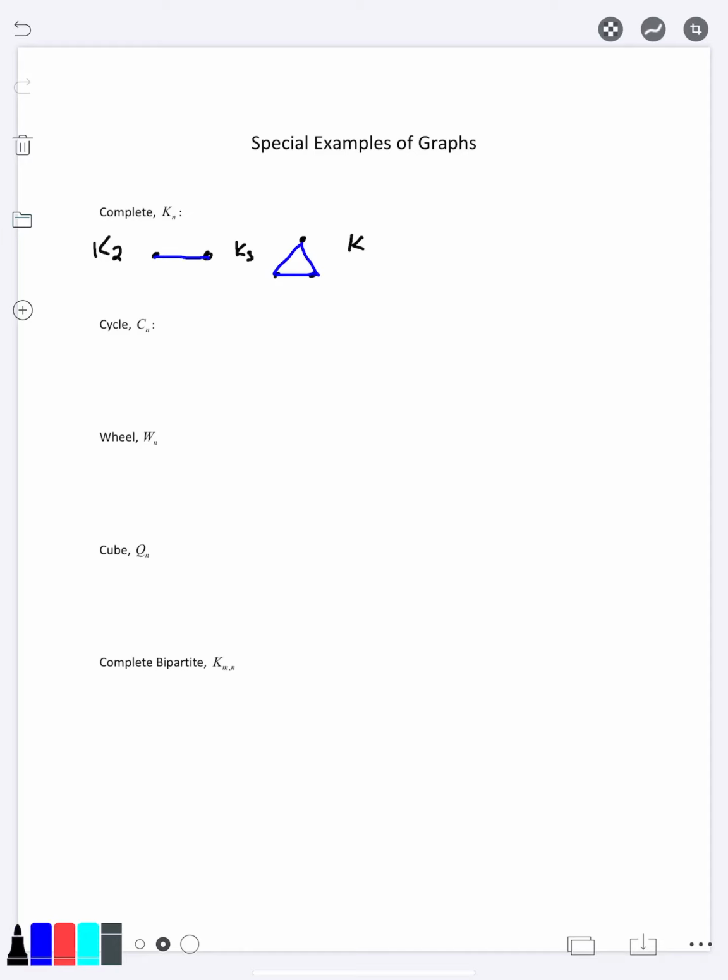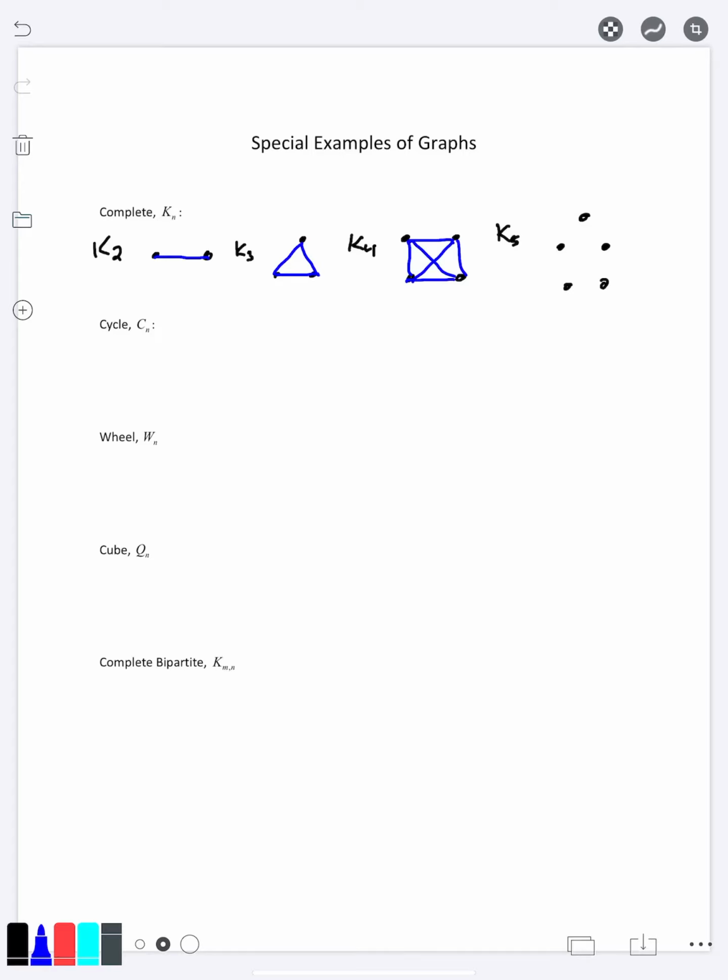And if we go to K4, that will once again have four vertices, and every possible pair of points are connected. And it starts getting really interesting when you have things like K5 here. Now you're going to have five vertices, and again, every possible pair is connected.